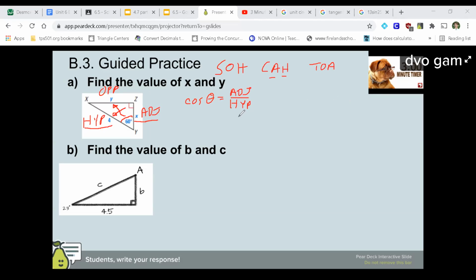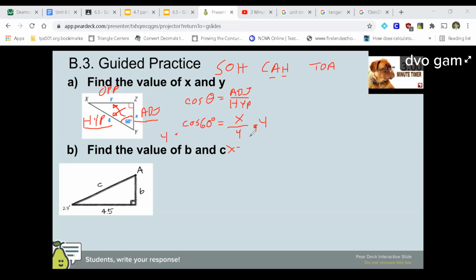If we plug in our values, our angle is 60 degrees. The adjacent side is x, and the hypotenuse is 4. To solve this for x, we need to get rid of the divide by 4. And the opposite of dividing by 4 is multiply.